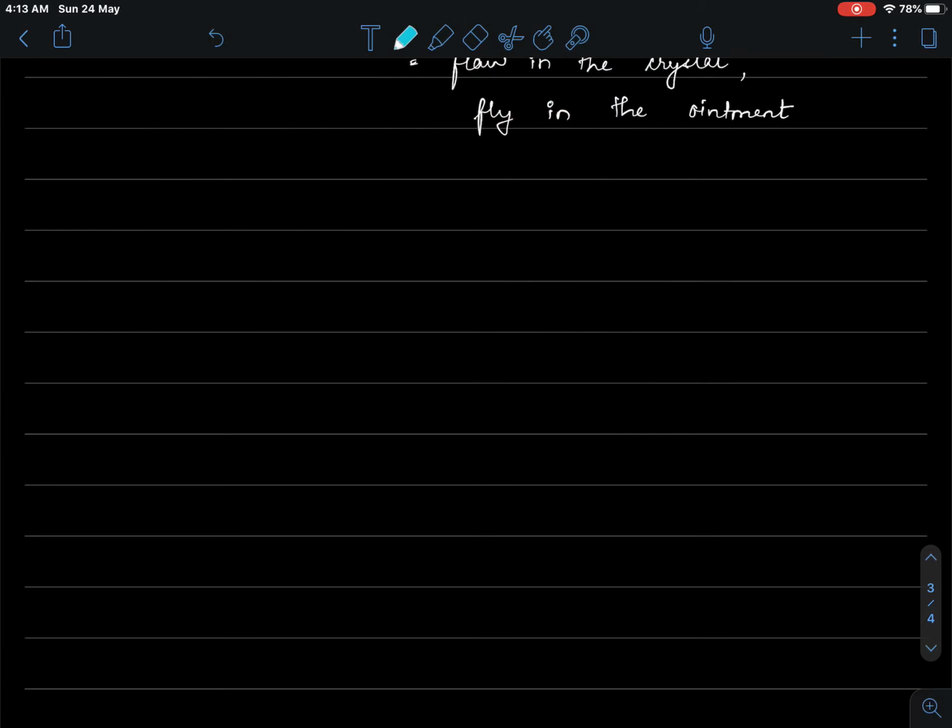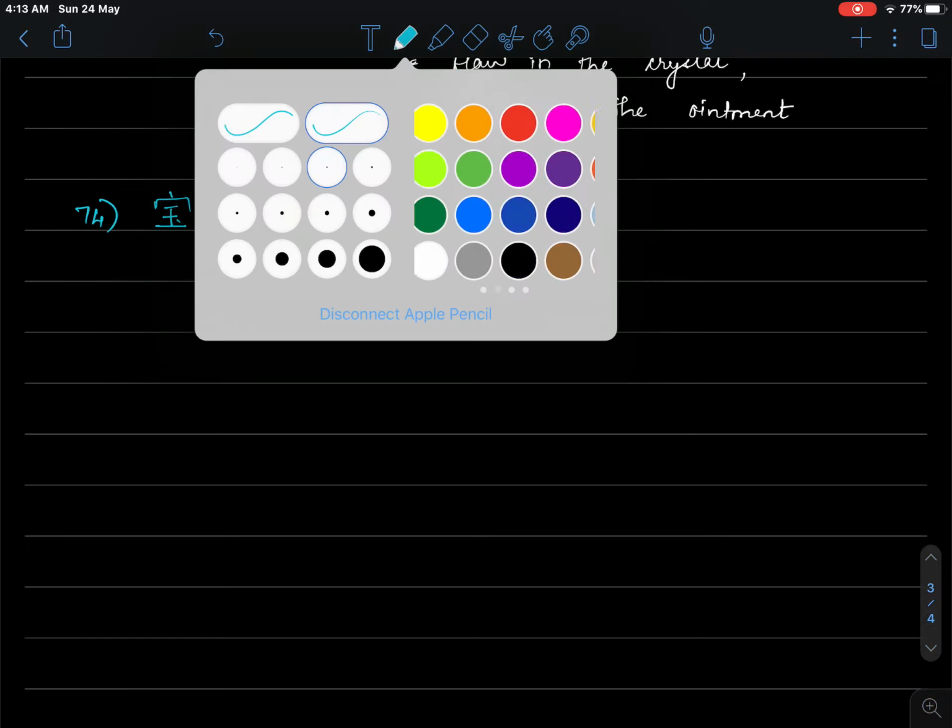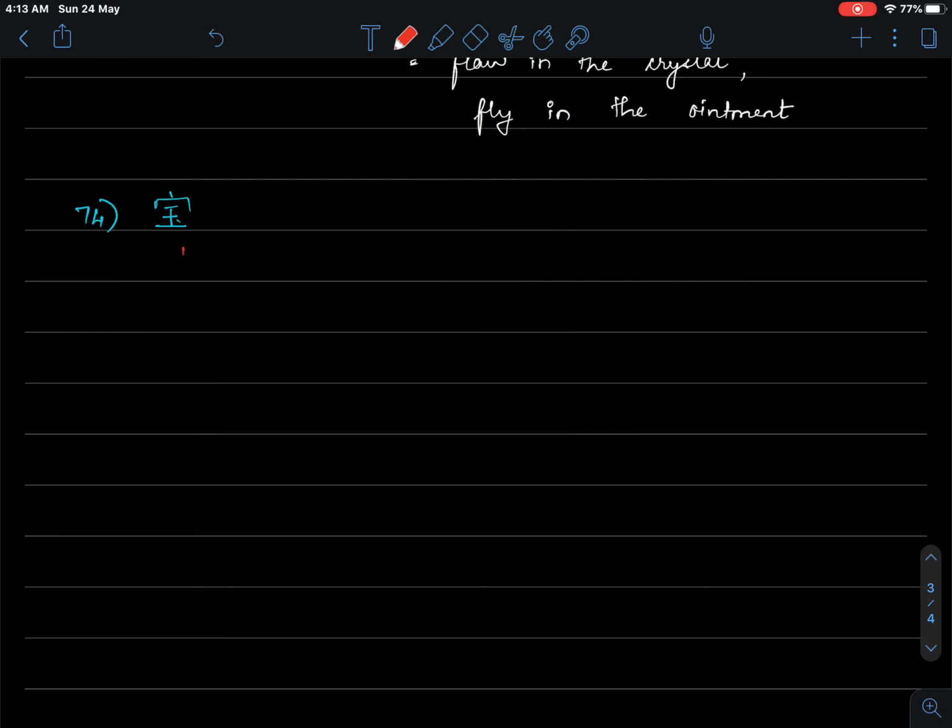Now let's have a look at the next one. 74, right? Okay, now let's try and see what that means. If you recall, we already did this in a past kanji and we tried to interpret it as a roof. So let's continue interpreting it as a roof for now.